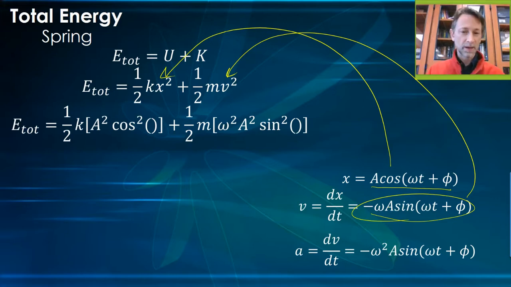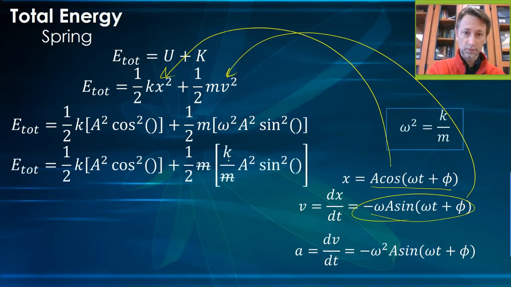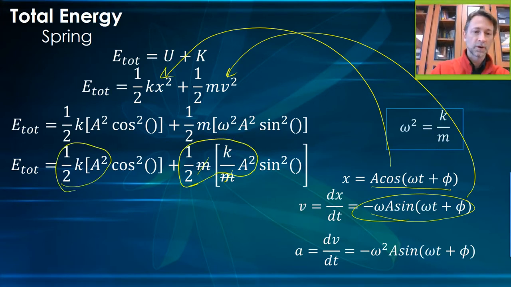Now, remember back when, didn't we say for a spring that omega squared value is k over m? So I can substitute in k over m for that. Since it's squared, I don't have a squared value here, which means that my two m's will go away. And hey, look at that. Don't I have a 1/2 ka squared in front of both of those?